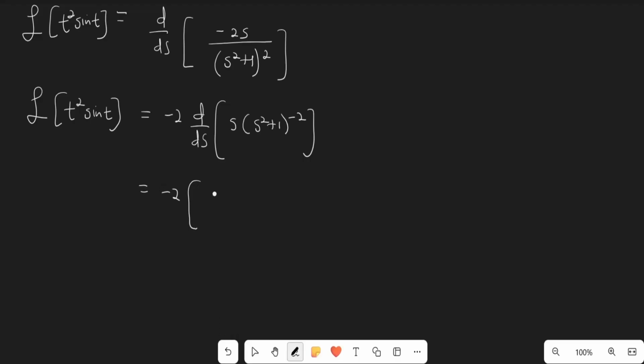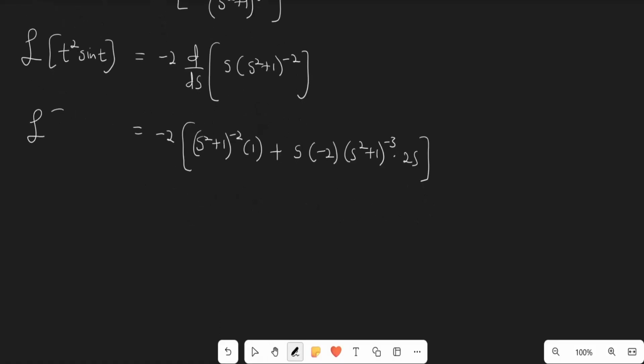Product rule: I keep s squared plus 1 raised to the power negative 2 constant and differentiate s, which is 1, plus I keep s constant and differentiate this one, which is negative 2 times s squared plus 1 raised to the power negative 3, and by the chain rule, differentiating the inside gives 2s. So the Laplace transform of t squared multiplied by sine of t is equal to negative 2.